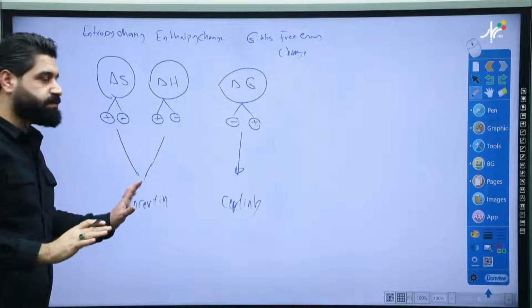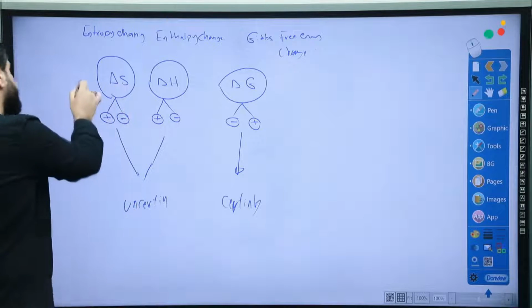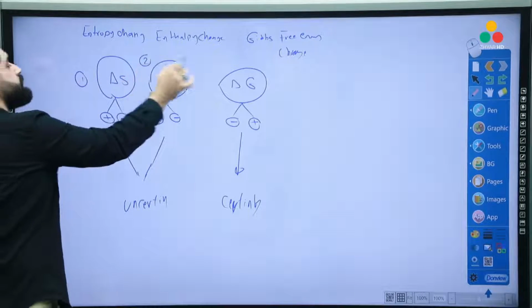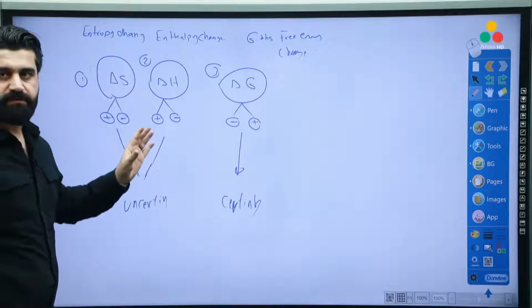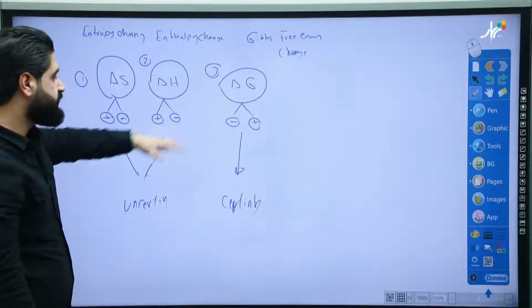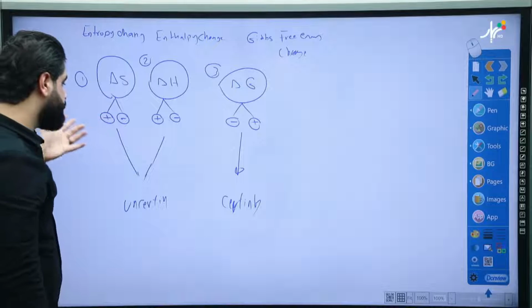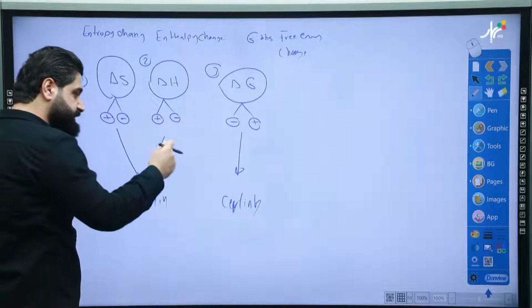So now I think you are a little bit familiar with the driving forces. We have three forces: 1, 2, 3. We will study the spontaneity of a reaction according to each of them individually. Then we are looking for the certain answer. Which one will give a certain decision?